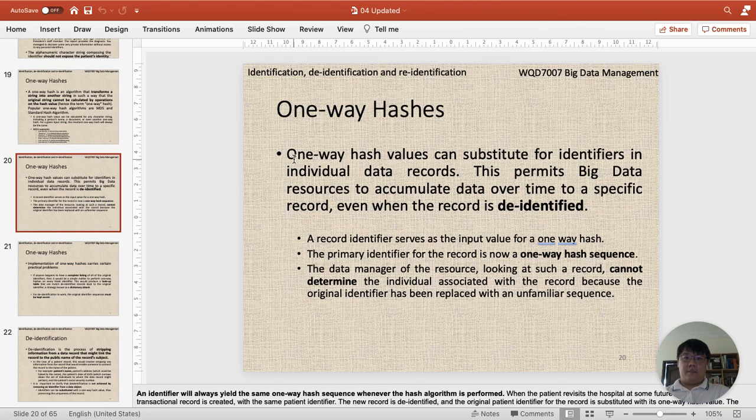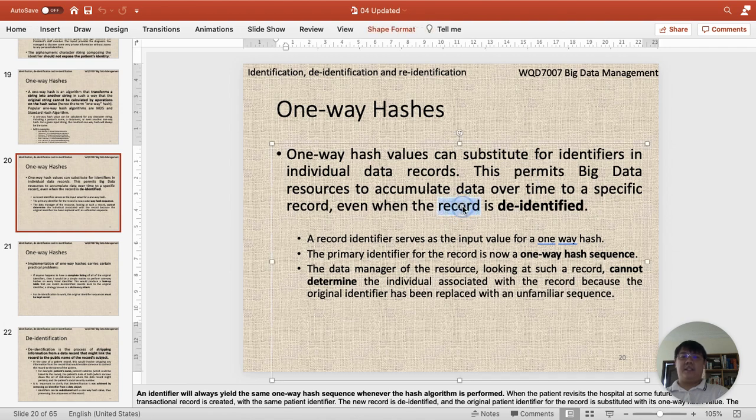So one-way hashes can substitute the identifier in the individual data record. This permits the data resource to accumulate data over time to a specific record, even if the record is de-identified. So why are we using one-way hashes?